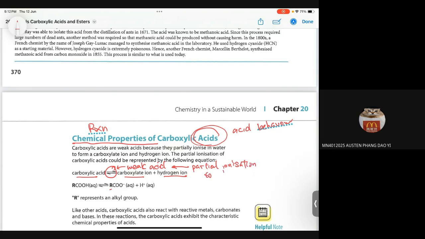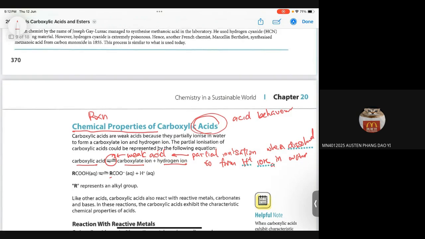Okay, to form H plus ions in water, or when dissolved in water. Okay, now, so let's try this out. Writing the equations for carboxylic acid.